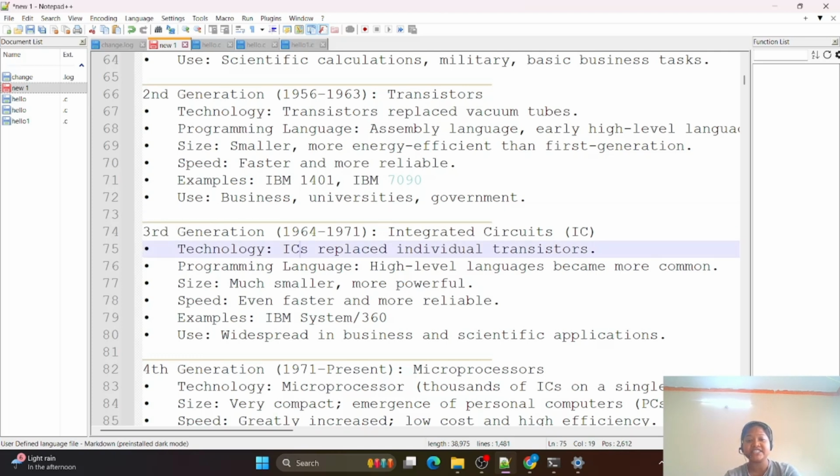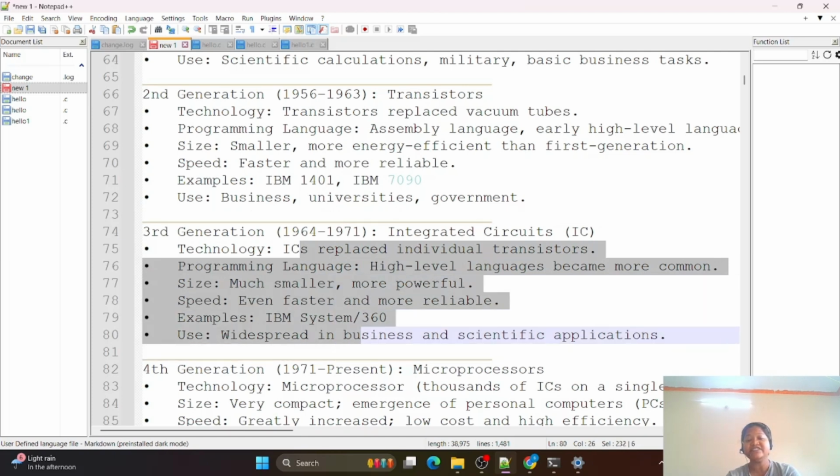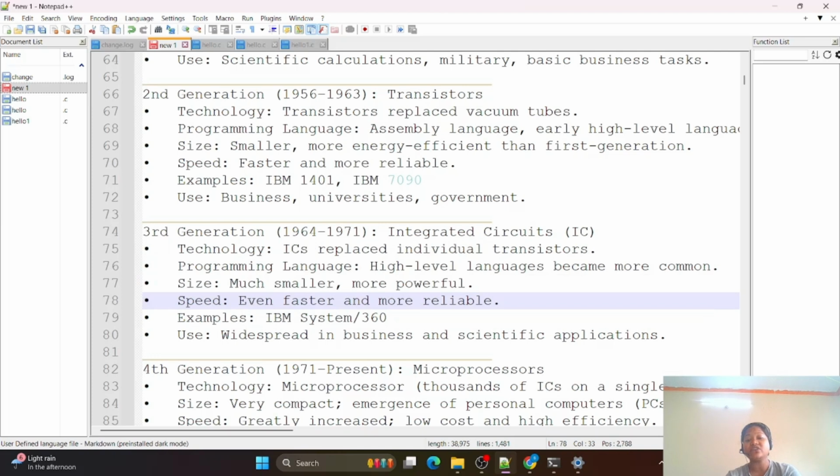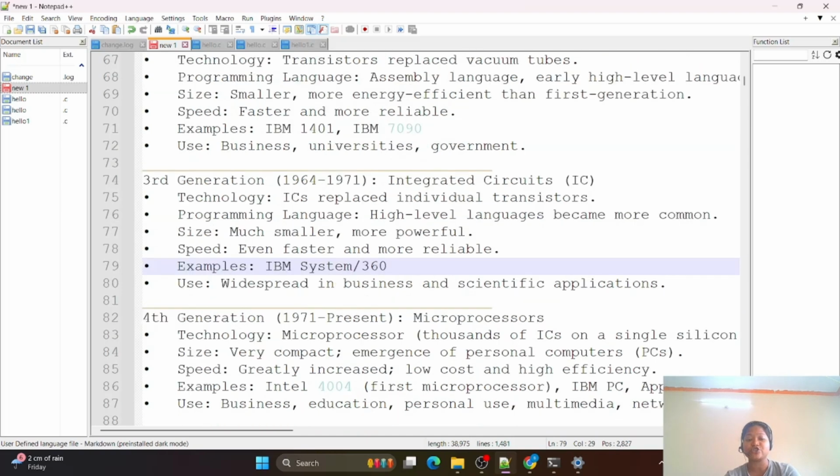ICs replaced individual transistors. Programming languages like high level language became more common, and the size was much smaller and much more powerful. Speed was even faster and more reliable, in the sense that it can run for a long time. It became more reliable in the sense it can run up to the max time, and it can exist for more time, we can call it. For example, IBM System 360, and its use was widespread in business and scientific applications.